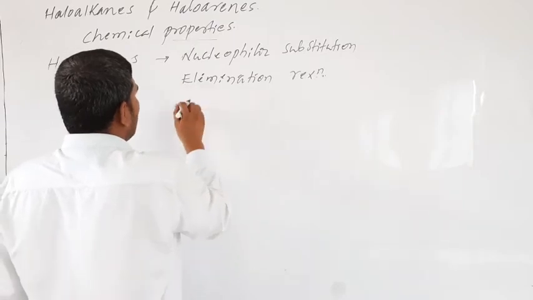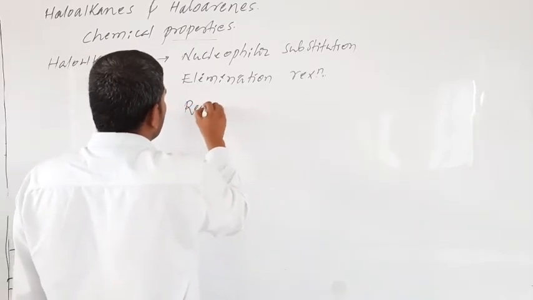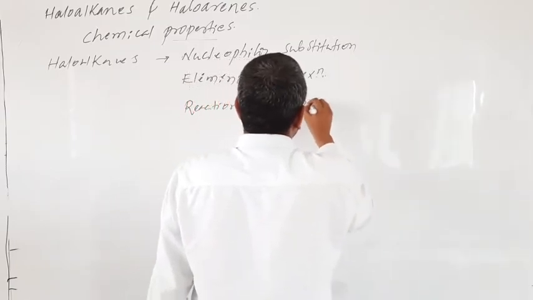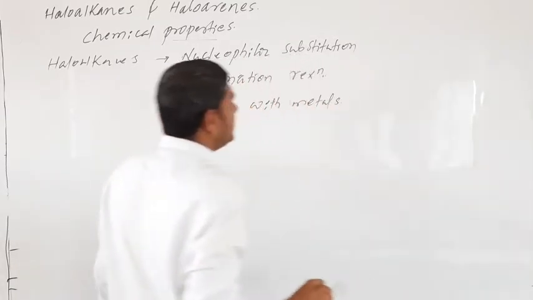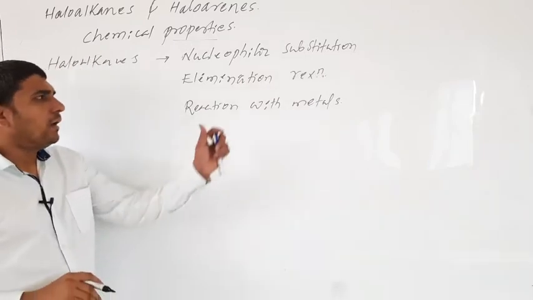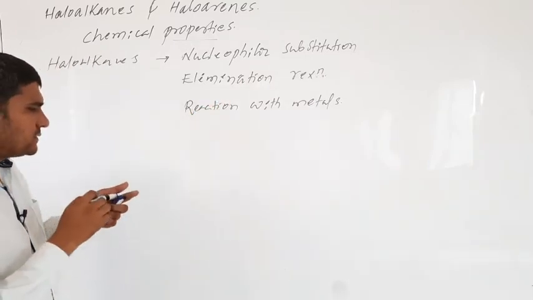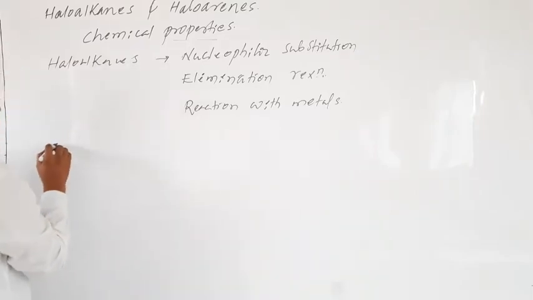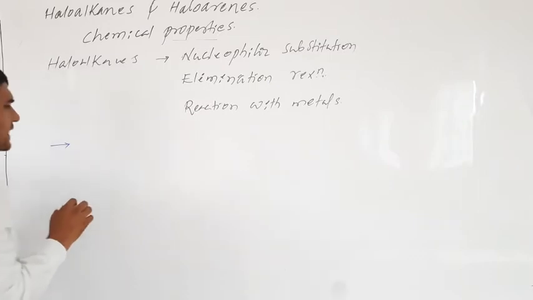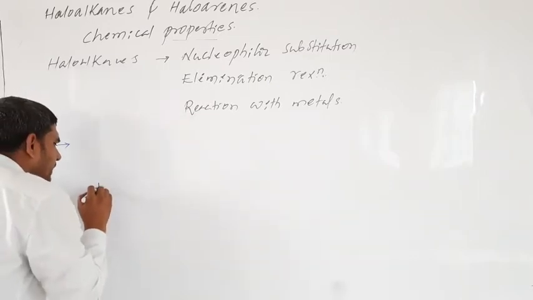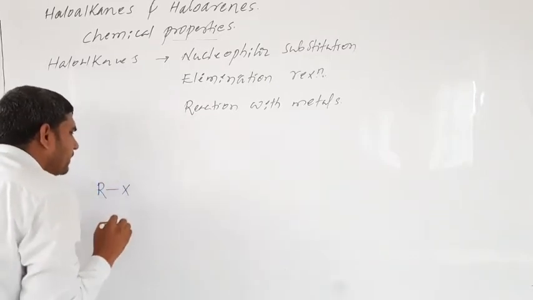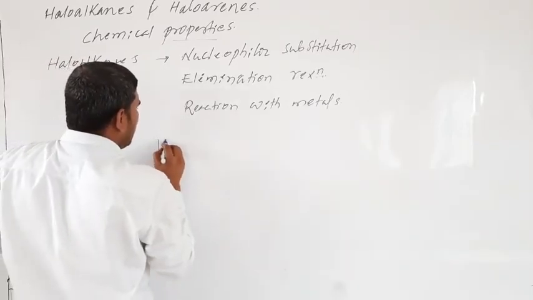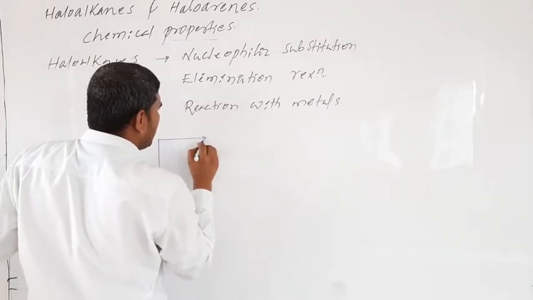Third one, they react with metals to form organometallic compounds. I will explain those things later. First we will look at nucleophilic substitution reactions. One by one we will discuss these chemical properties.